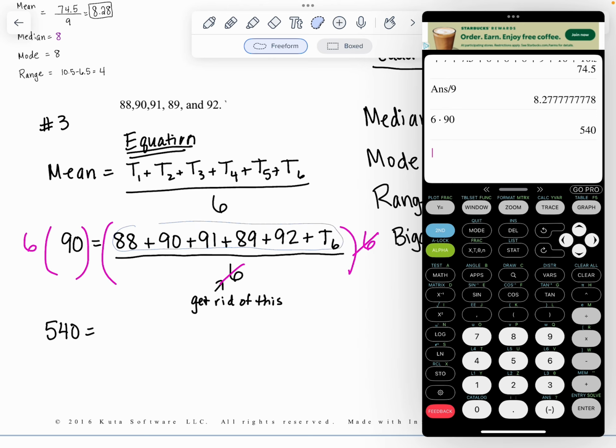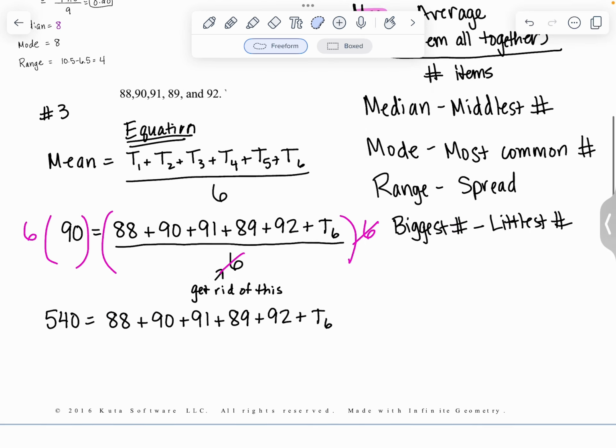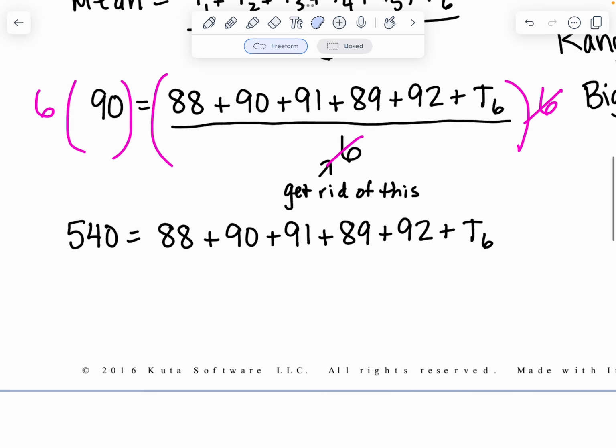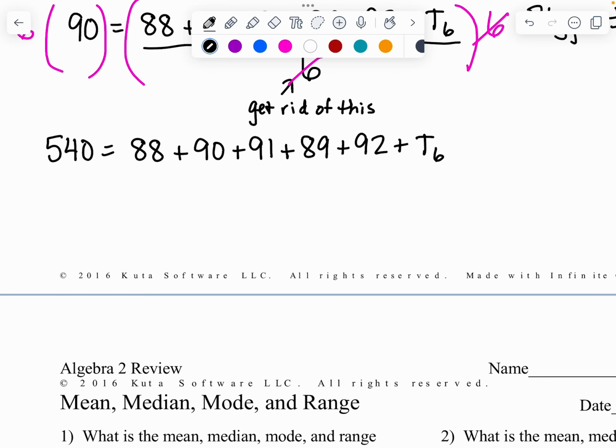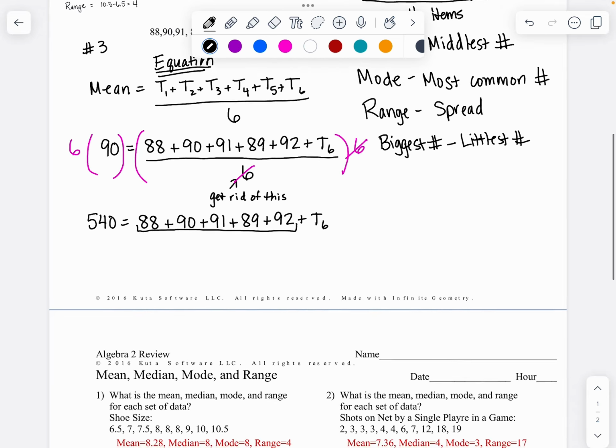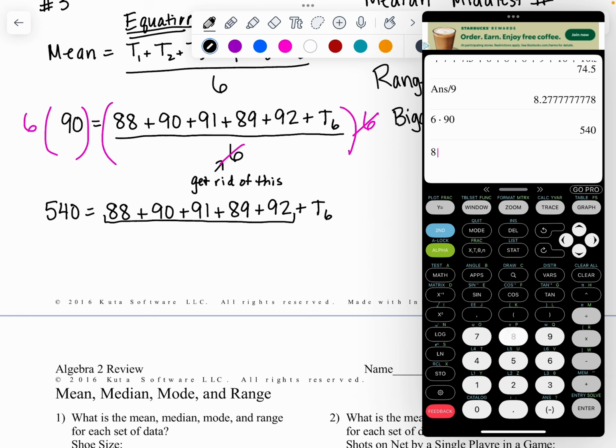So I'm going to copy that and paste it down here. Now I have to deal with all that. I can combine these like terms together. So let's add those together: 88 plus 90 plus 91 plus 89 plus 92.